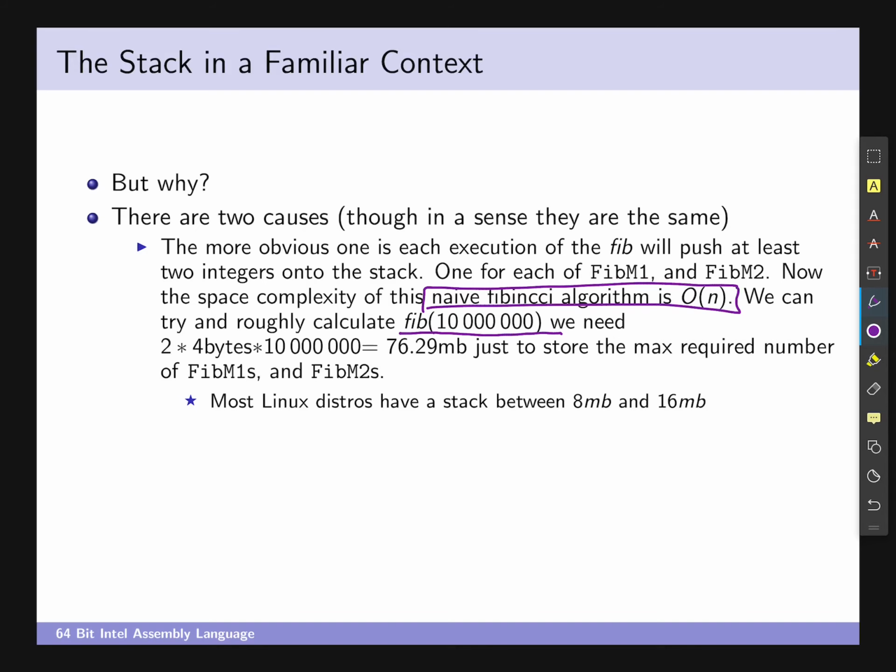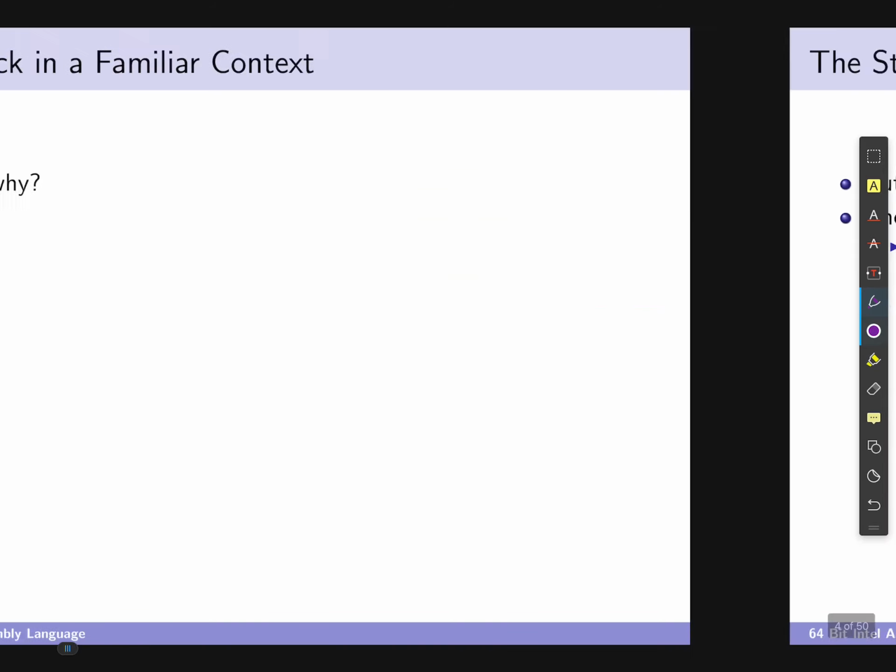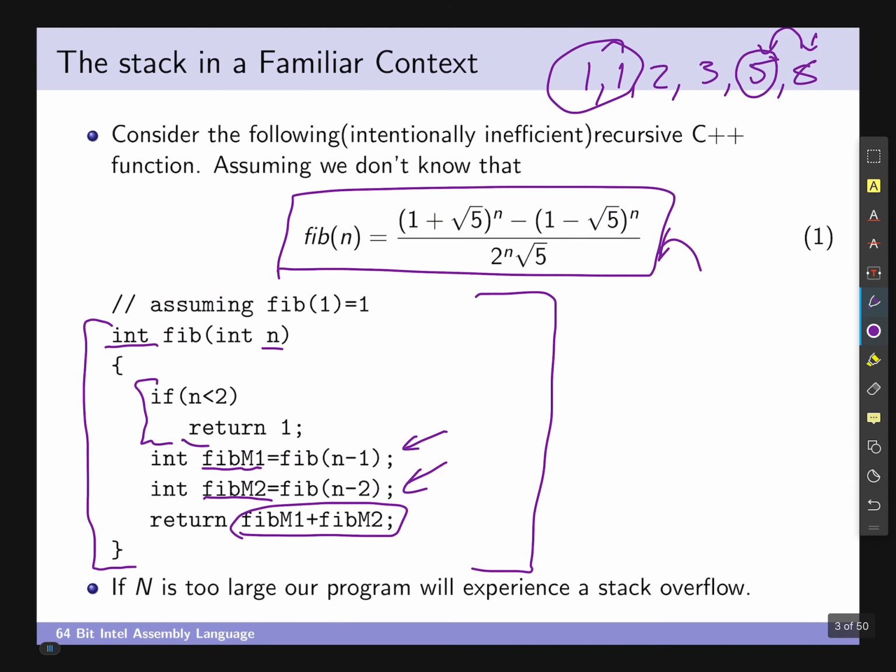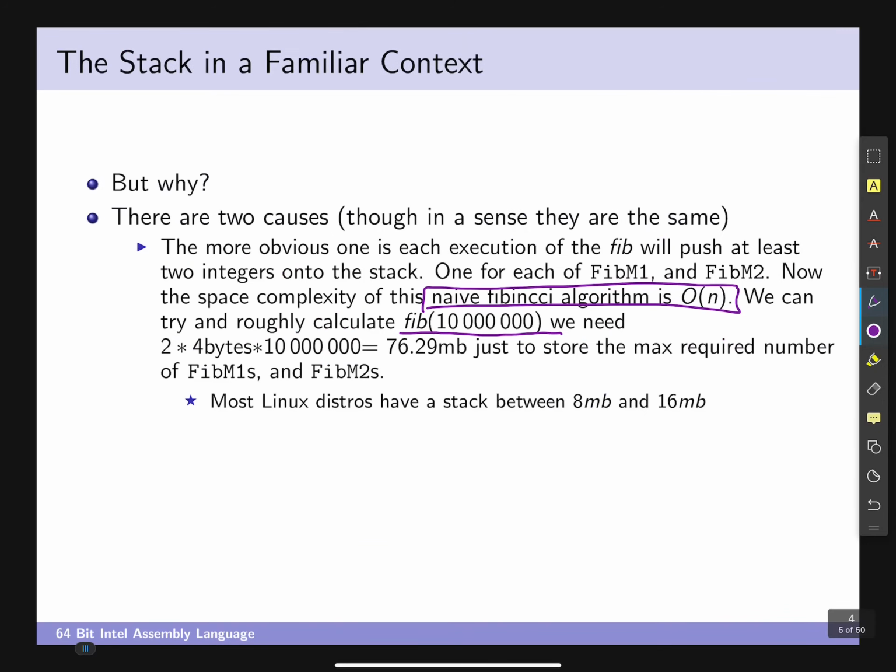So I had two variables in that bit of code. I had this fibm1 and this fibm2. So I have two 32-bit values. Remember, in 64-bit Linux, an int is 32 bits, or rather 4 bytes. So with that in mind, this program itself is going to require 2 times 4 bytes because we had two variables.